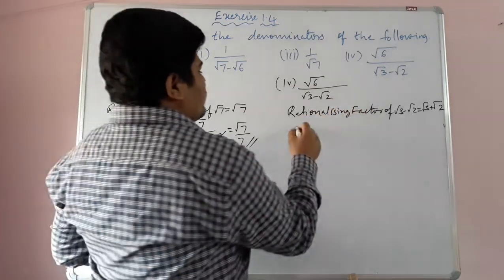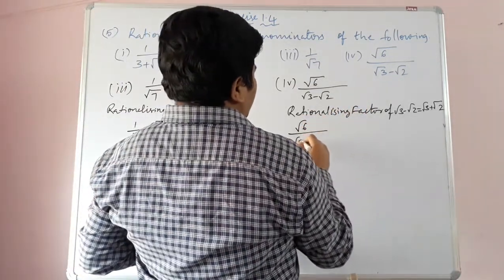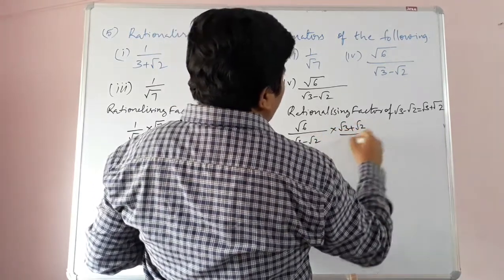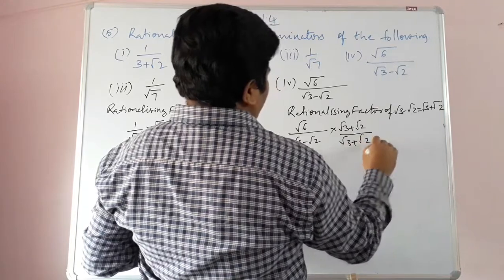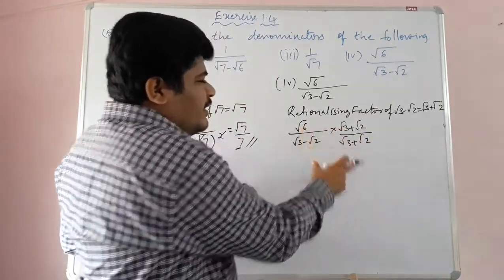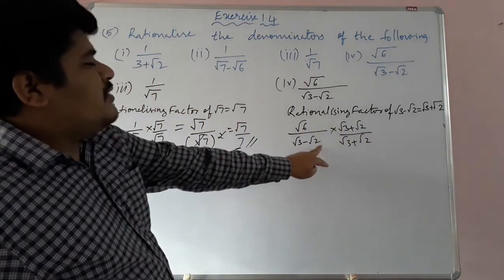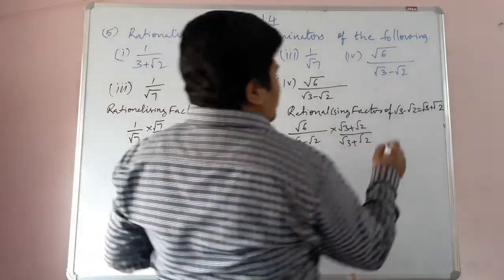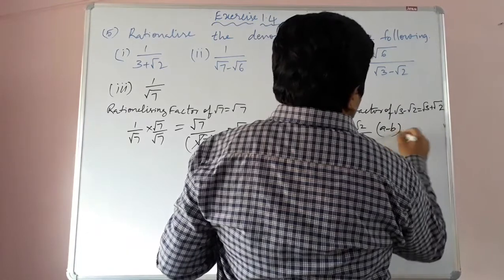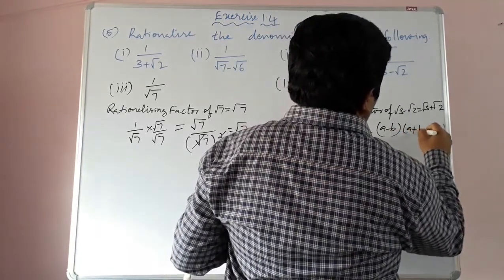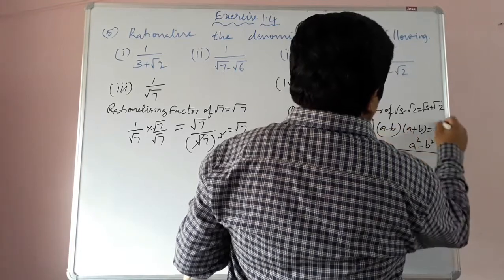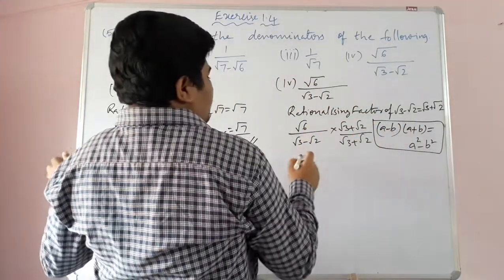Okay, so root 6 by root 3 minus root 2 into root 3 plus root 2 by root 3 plus root 2. So numerator into numerator by denominator into denominator. And students, the denominator is in the form of a minus b into a plus b. Okay, so a minus b into a plus b gives you a square minus b square. Okay, so now numerator into numerator.